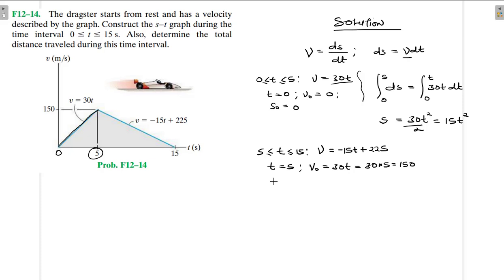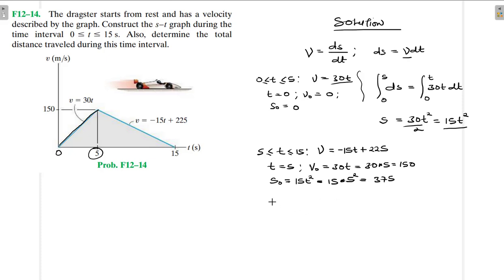Then our s naught at this point is going to be equal to, using this equation, 15t squared, and this is equal to 15 times 5 squared. What do we get? We get 375.